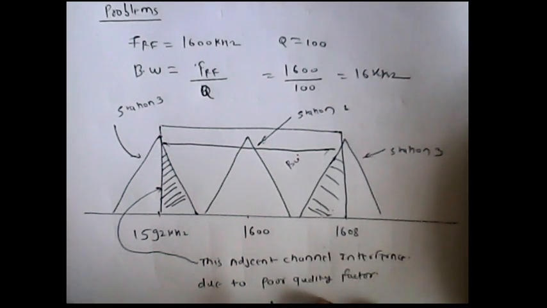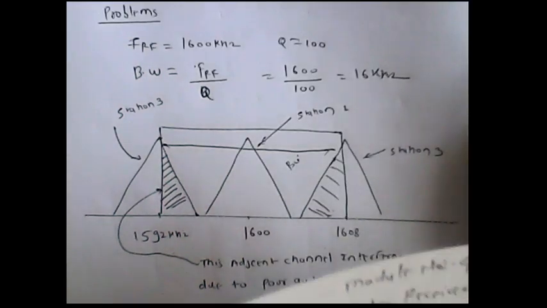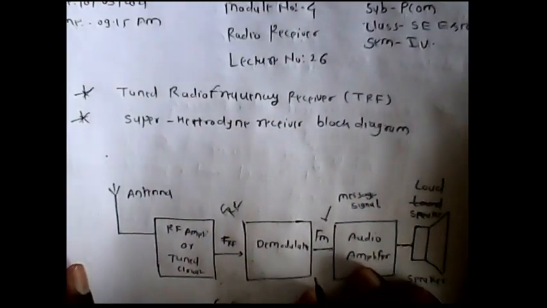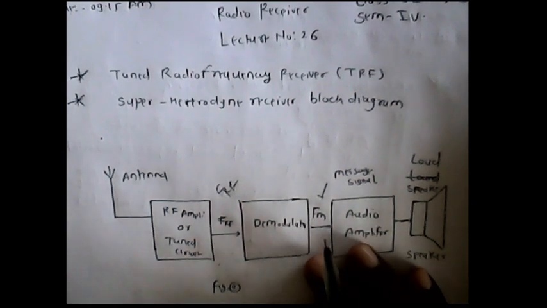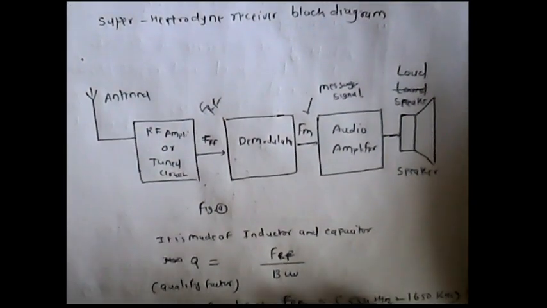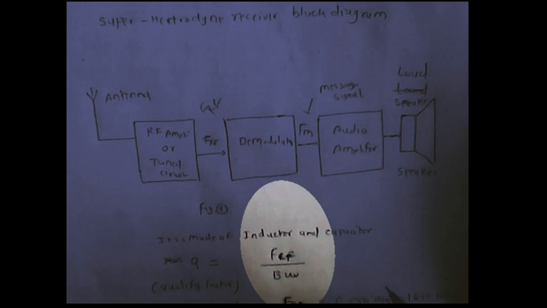This problem is nothing but adjacent channel interference, and it is due to the poor quality factor. So in TRF we discussed the block diagram, the function of each block, the importance of the quality factor, and how adjacent channel interference arises.